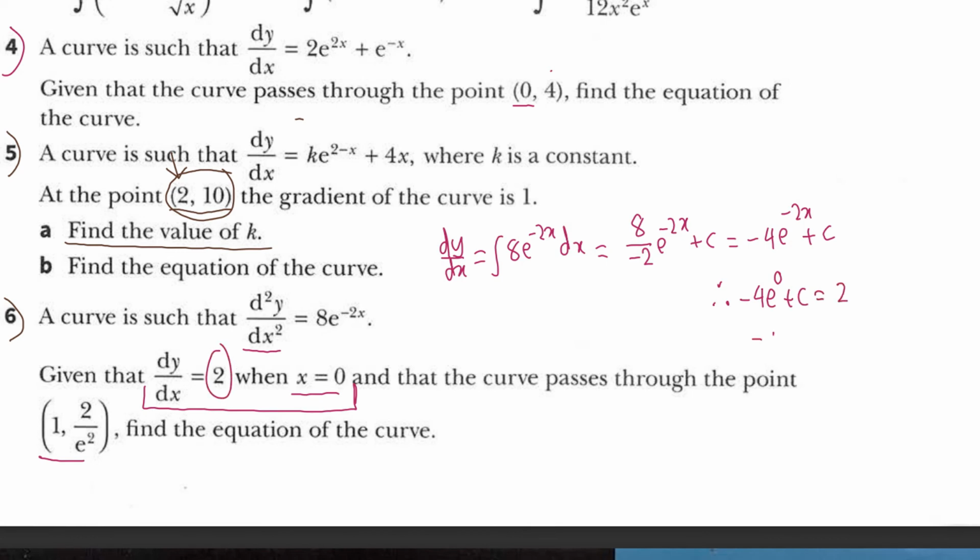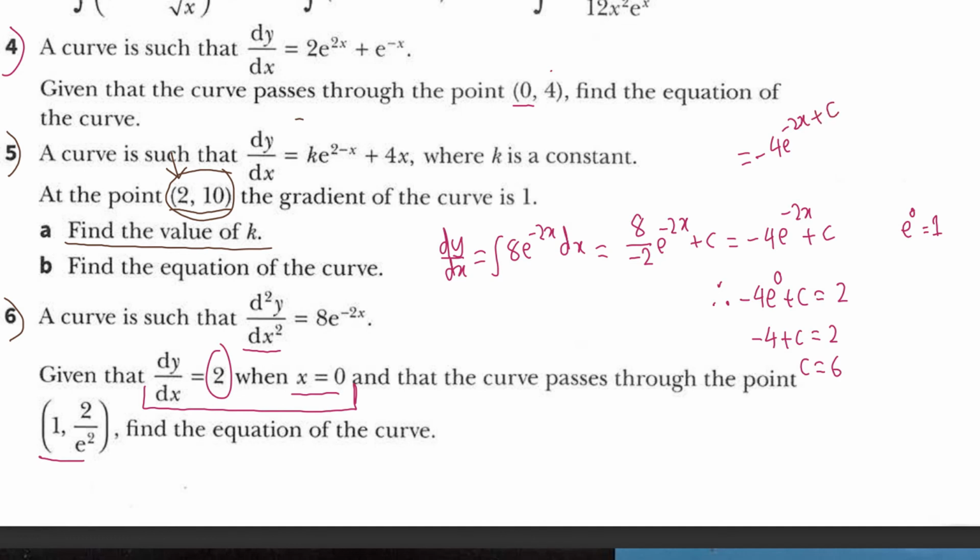Then minus 4 e to the power 0, we know that e to the power 0 equals 1. So 1 plus c equals 2. So the c value we got is 2 plus 4, which is 6. So our expression for dy by dx is minus 4e to the power minus 2x plus c.